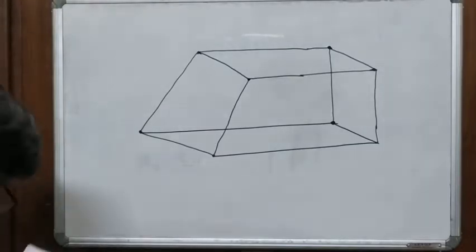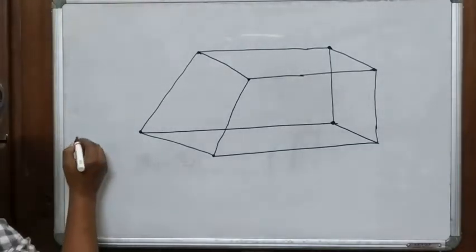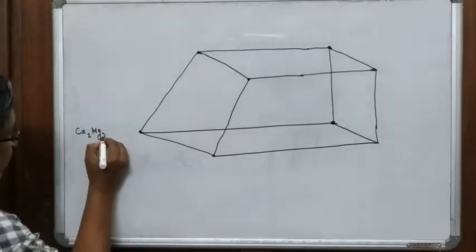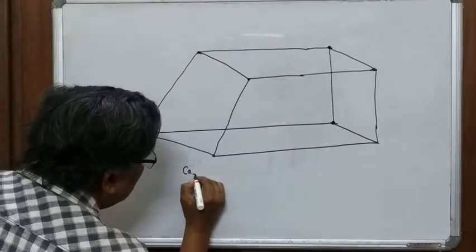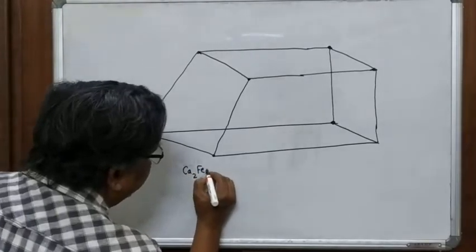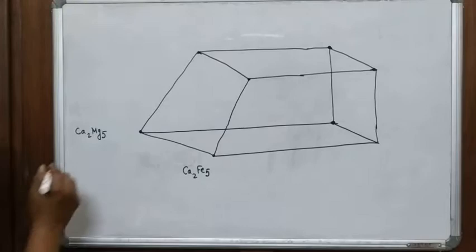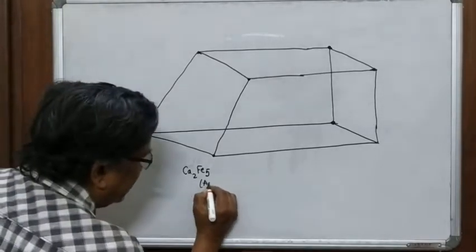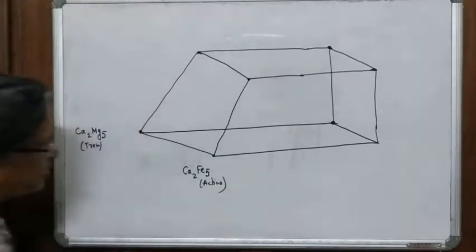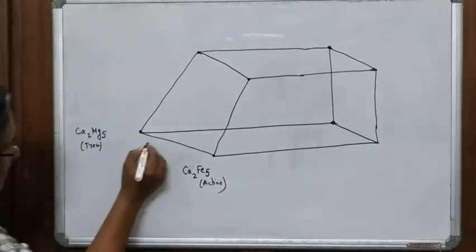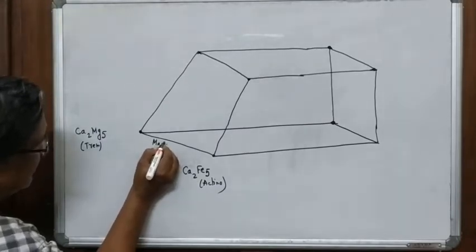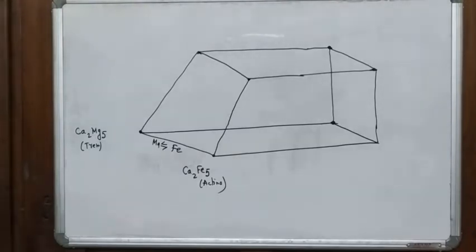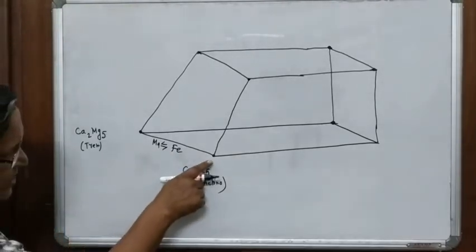And let me write down the first one, Ca2Mg5, Ca2Fe5. Now what did I write? Here, this was tremolite and this was actinolite. What was the substitution scheme? Magnesium being replaced by iron. So this is where you have tremolite and this is where you have actinolite.